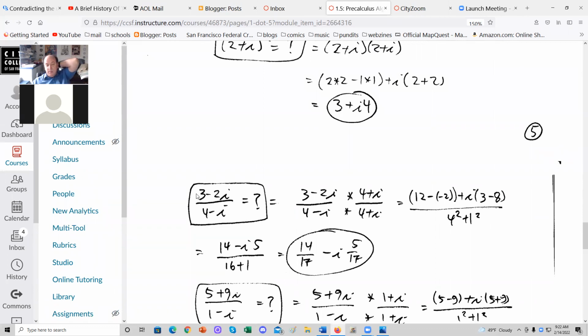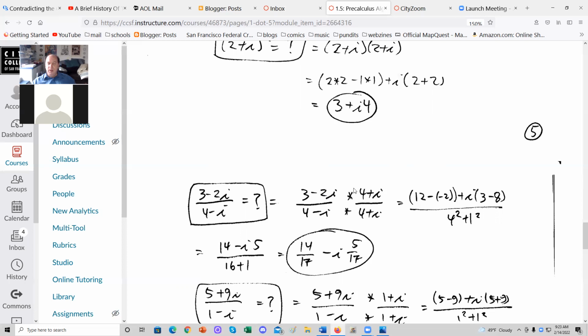Here we have a ratio: 3 minus 2i over 4 minus i. We'll rescale, multiply above and below by the conjugate of the denominator. 4 minus i, its conjugate is 4 plus i. So this is 3 minus 2i over 4 minus i times 4 plus i over 4 plus i.